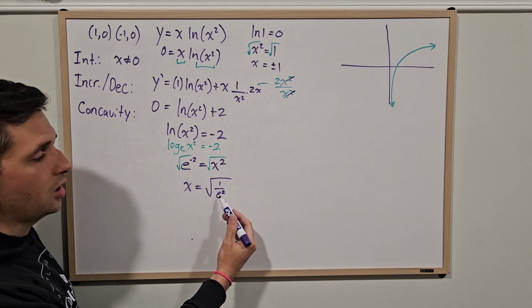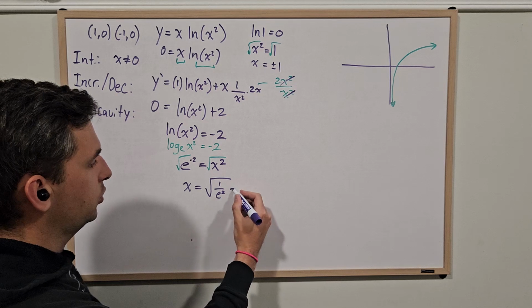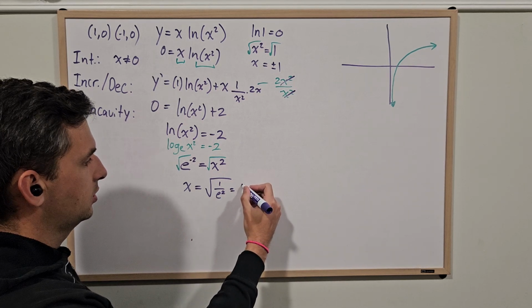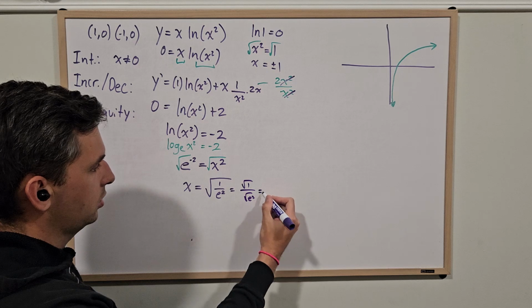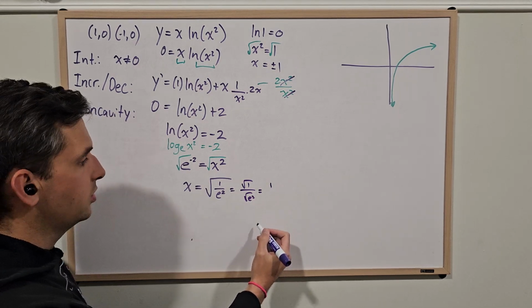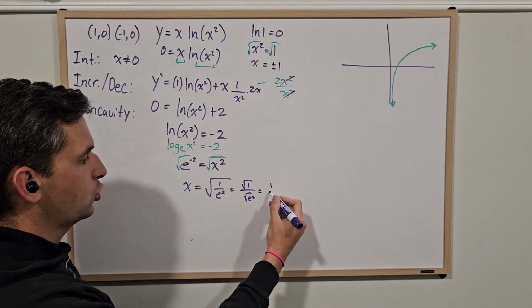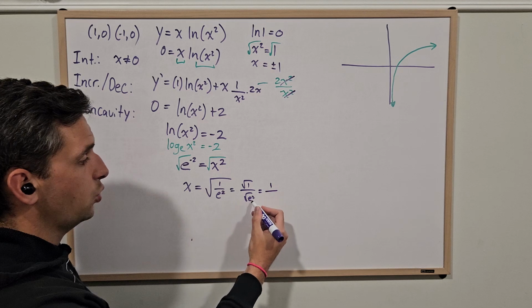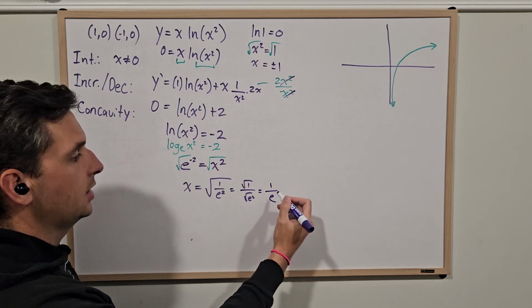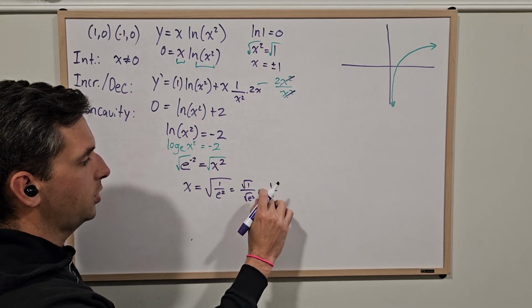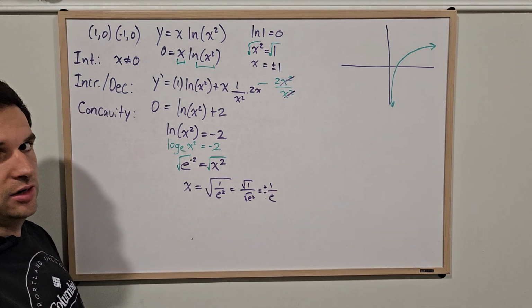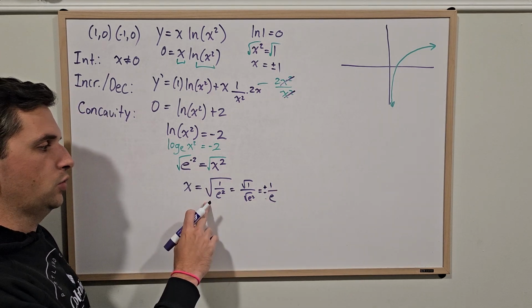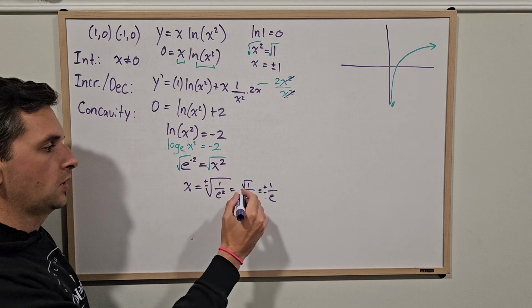My e is just a constant. So this can be rewritten as the square root of 1 over the square root of e squared. Well, the square root of 1 is just 1, and the square root of e squared is just e. And also remembering that we need to consider the positive and negative components on this side once we take the square root, right?